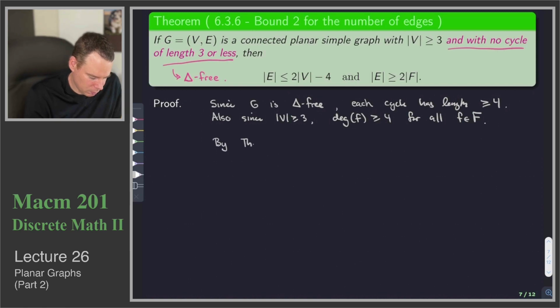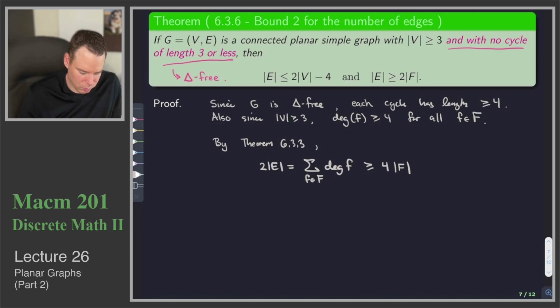So by theorem 6.3.3, which is the degree sum formula for the faces, we have that 2 times the number of edges is equal to the sum of the degree of the face as we run over all the faces, and these are at least 4 each, so that's 4 times the number of faces, or in other words, we get that the number of edges, dividing through by 2, is at least 2 times the number of faces.